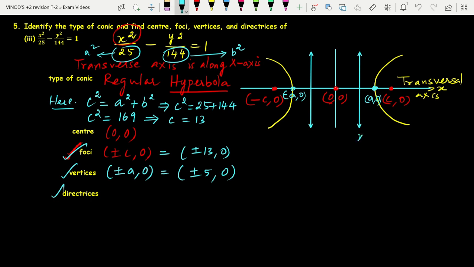Now directrices. The two directrices, you can see. The directrices are x is equal to A square by C on the right side.